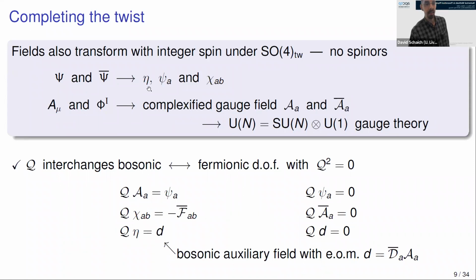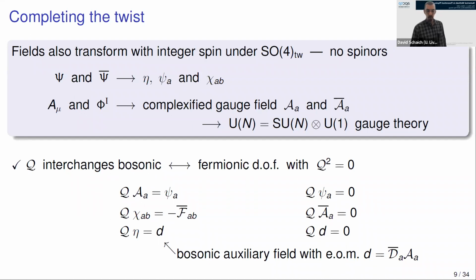So recasting the 4 fermion fields in terms of this SO(4) twisted rotation group, we again get the same integer spin representations, the 1 plus 5 plus 10 fermions that transform with either 0, 1, or 2 5-component indices with a fully anti-symmetric chi_AB. And for the bosonic fields, we have a 4-component gauge field and those 6 scalar fields.